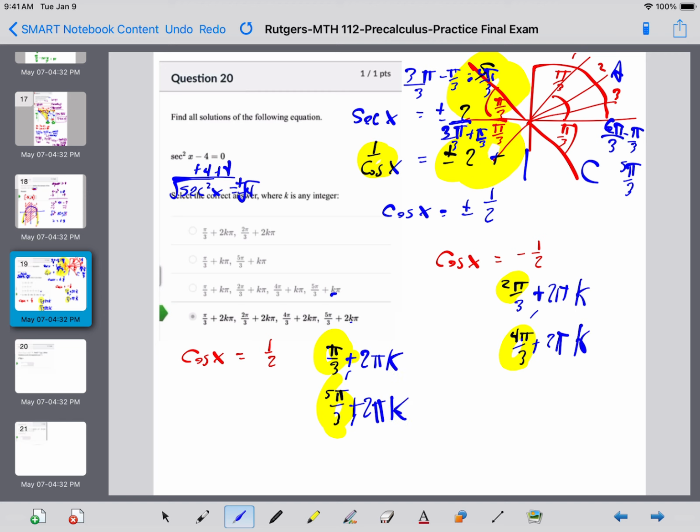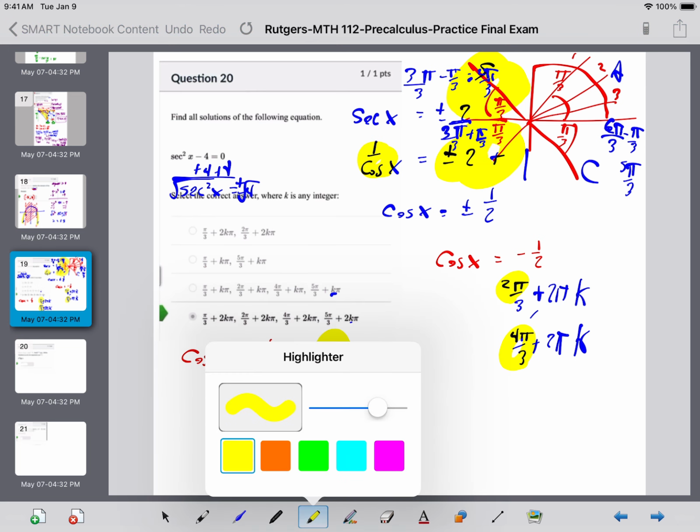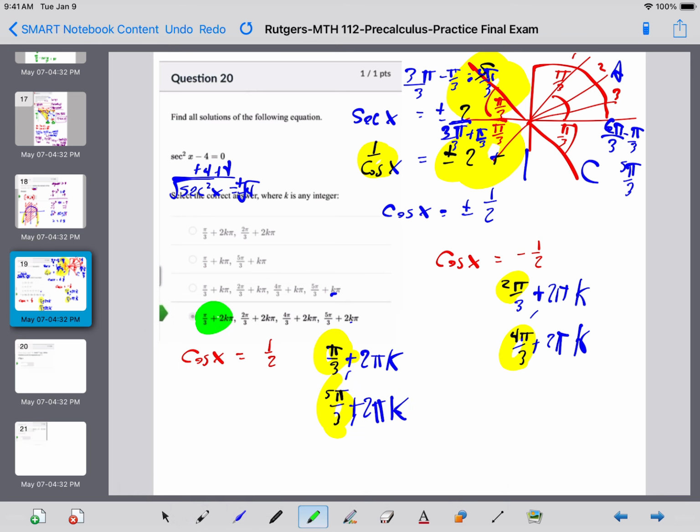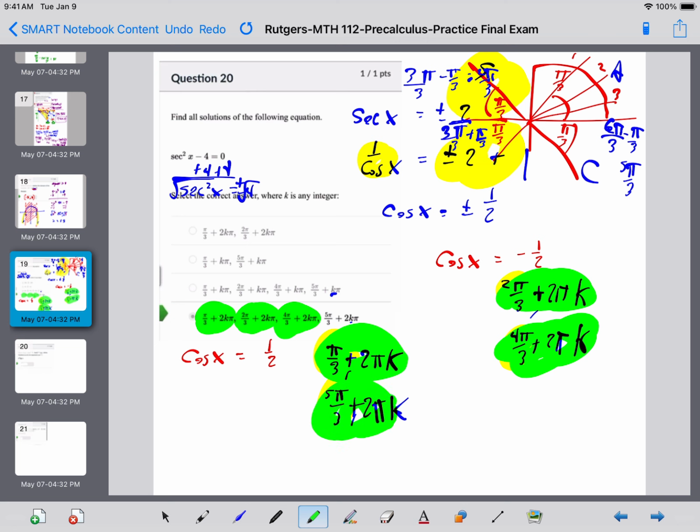And then this would be all of your solutions. Every possible solution. So, we have pi over 3 plus 2k pi. That's right here. We have 2 pi over 3 plus 2 pi k. We have 4 pi over 3 plus 2 pi k. And we have 5 pi over 3 plus 2 pi k. Alright? Hopefully that makes sense.